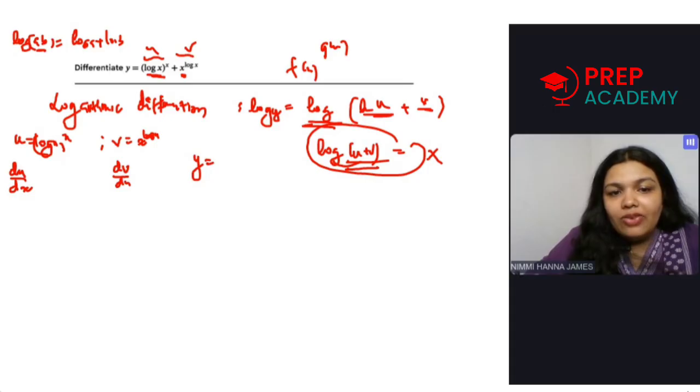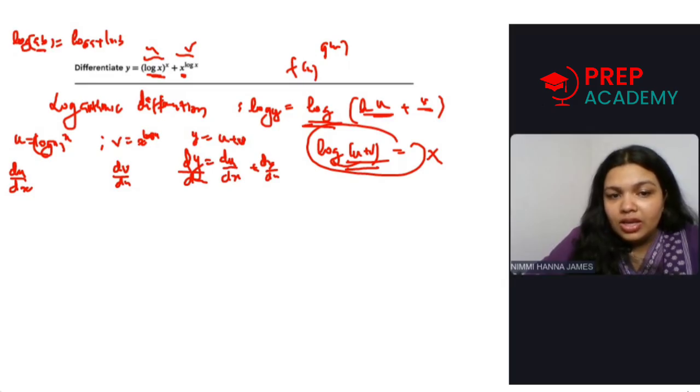So y is equal to u plus v, and dy by dx is equal to du by dx plus dv by dx. We can do that because this is a differentiation problem. So we are taking this separately because we can't apply the rule here. There is no log of u plus v rule.